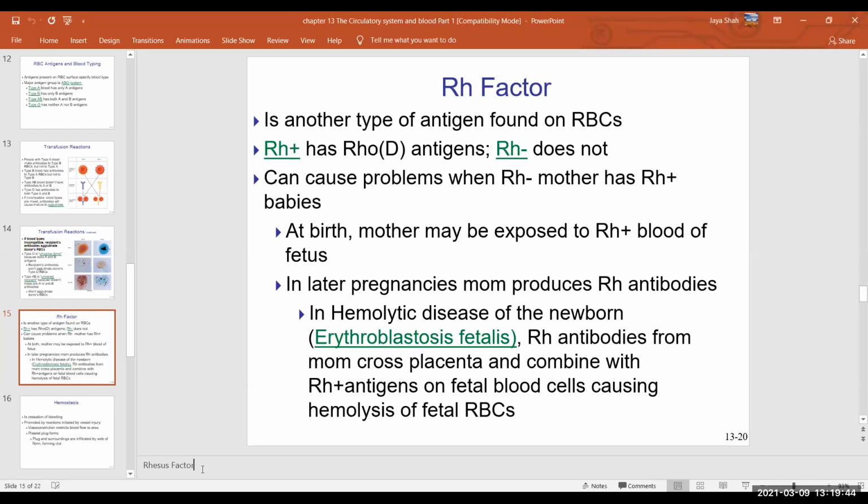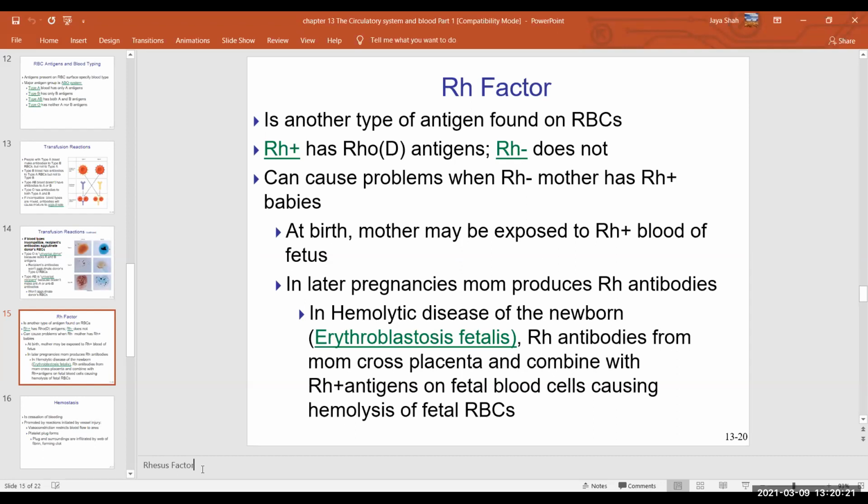So what will happen? The antibodies are coming from the mother into the fetus blood, they bind and start killing the red blood cells inside the fetus's body. And the fetus will be anemic even before he or she is born. Are you following me? And that is called hemolytic anemia of the newborn or erythroblastosis fetalis.